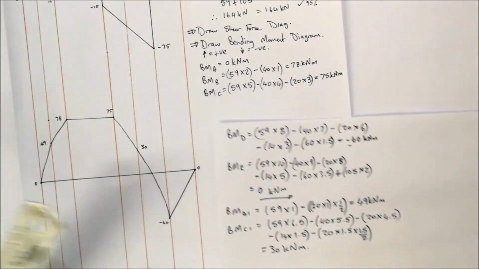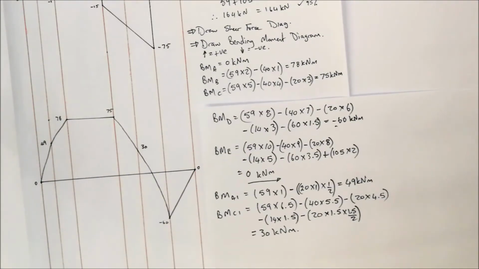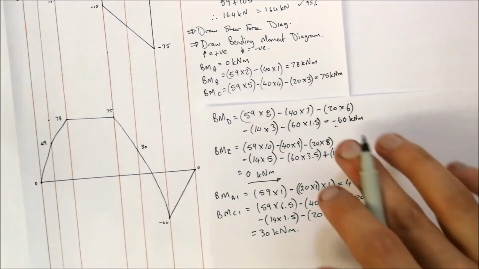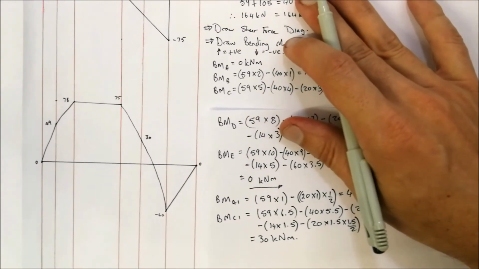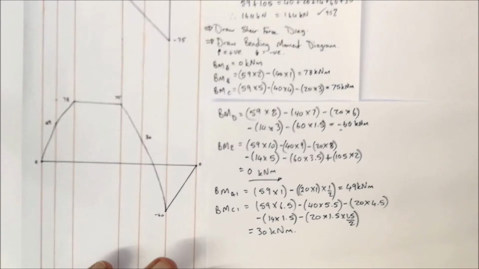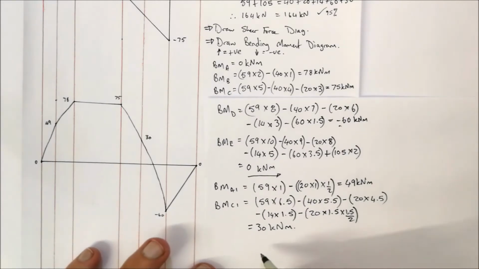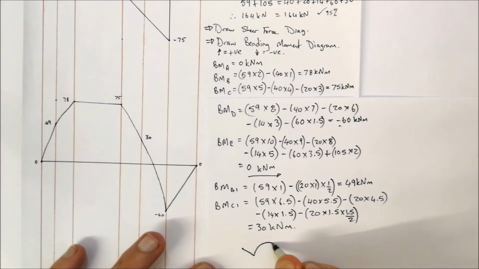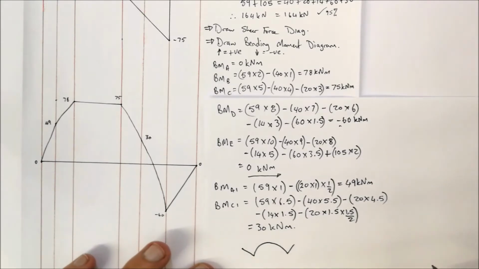Alright, so that is our bending moment diagram, as you can see over there. Now something that's very important: always draw your diagrams from the left. If you have a bending moment diagram and there are some distributed loads involved, your diagram will always appear in something of this fashion.